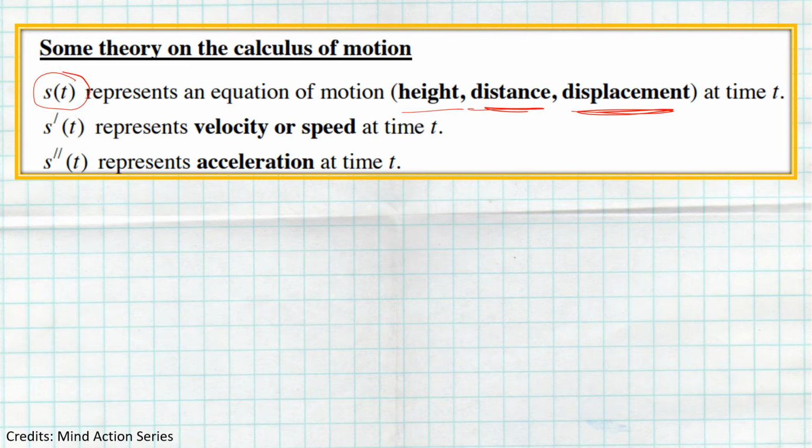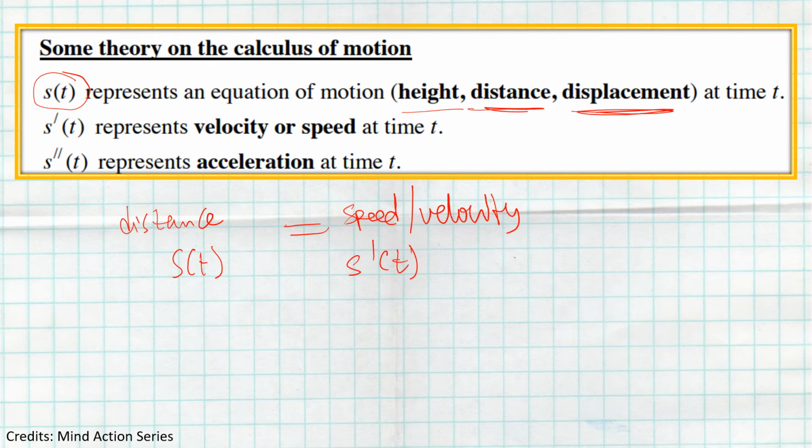So what actually happens is that when you derivate your displacement or your distance, s of t, the derivative, which I'll write by the symbol s prime of t, of your distance, height, or displacement will actually be equal to your speed, or rather your velocity.